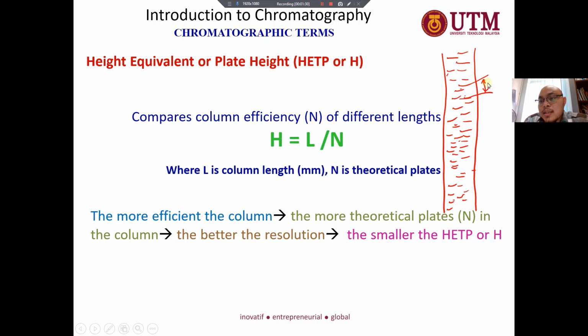The lower the distance of the plate height, the better it is. Therefore, the value of the height, or HETP, or H, must be low to get an efficient column.